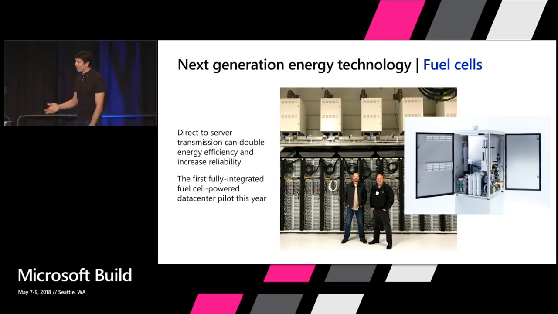So every time you go through one of those devices, you lose a little bit of energy in the transition. So there's a significant amount of energy loss as you get down to the servers. And there's also, for any one of those switches, that's another potential single point of failure on the way to the servers. So we've been looking at using fuel cell technology, natural gas powered fuel cells.